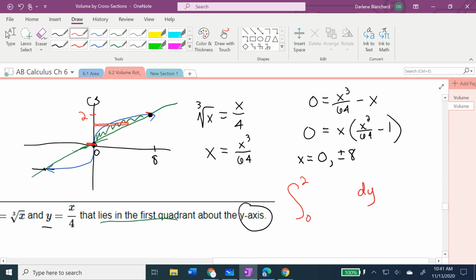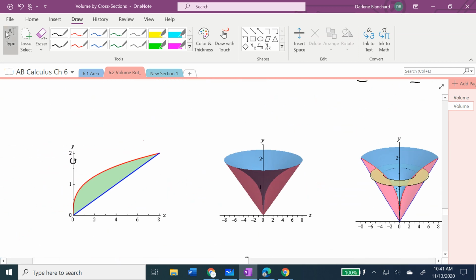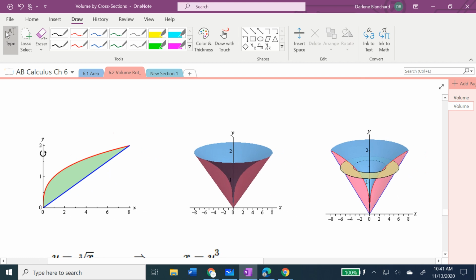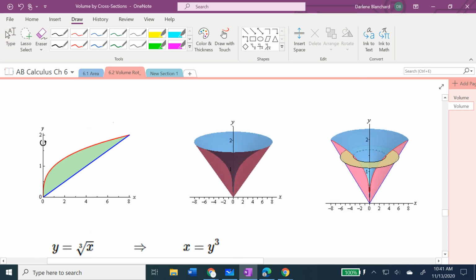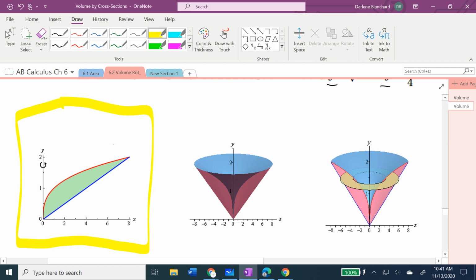So now I'm going to go over to the better drawing, the computer-generated drawing. You can see, understand that this is the only picture you actually need to get this whole thing set up.